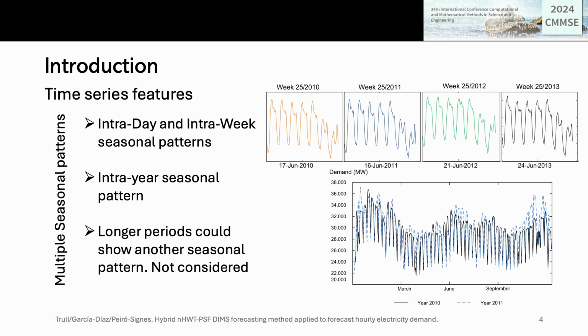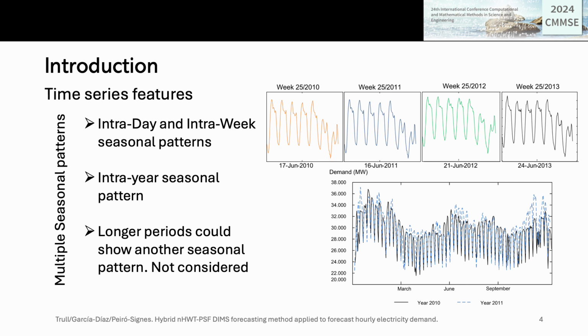On the right side, you have the hourly electricity demand in some weeks for a Western country. The seasonal component is easily detected, and two different seasonal patterns can be seen: one for the intraday cycles and another for the interweek cycles.